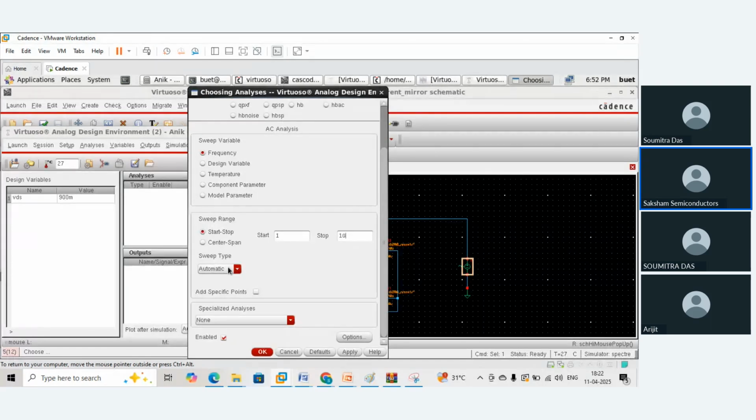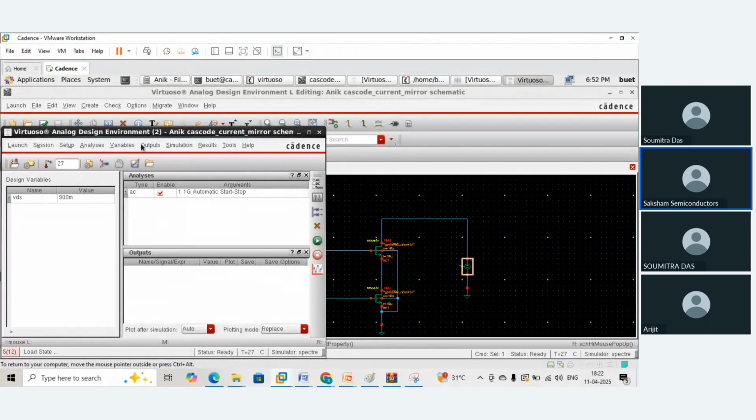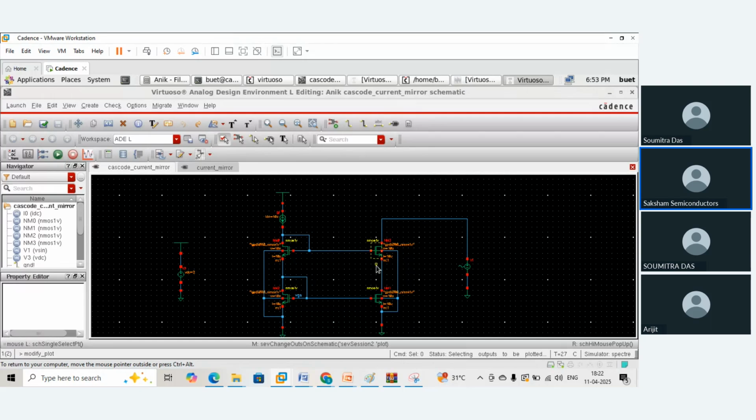You can keep the sweep as automatic, or you can make it logarithmic. That's not an issue. It will automatically take the log scale only. And for outputs to be plotted, the drain current will be here.